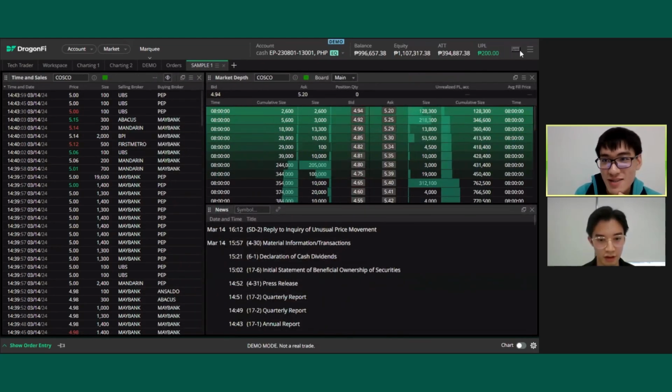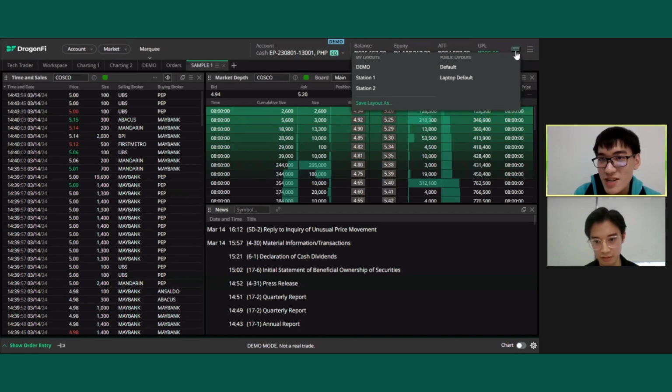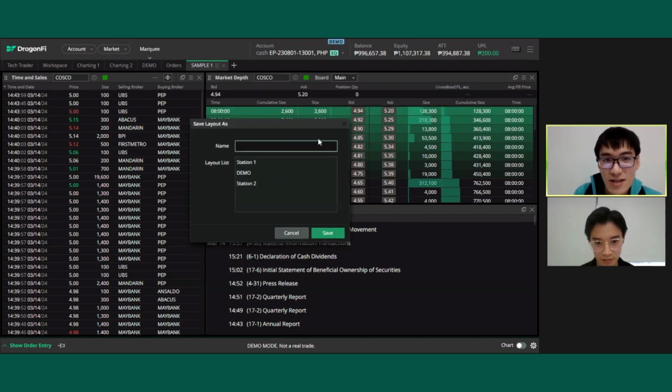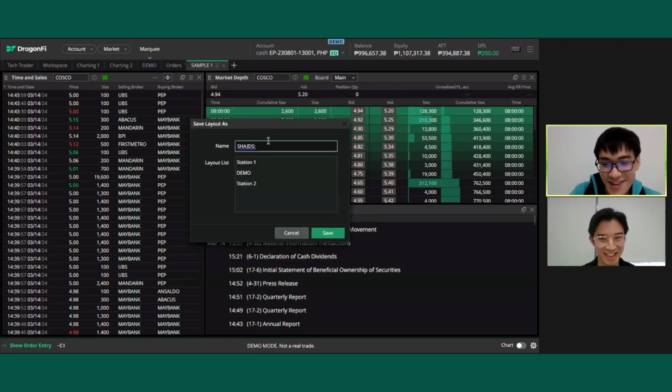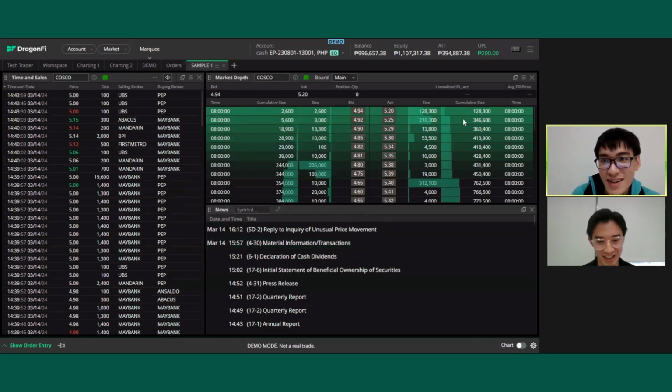Personal preference, right? Then you can also save it. Just go here and save your layout. Call it whatever, say Dragonfly 1, and save.